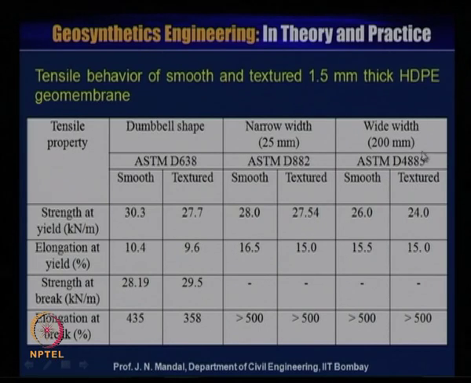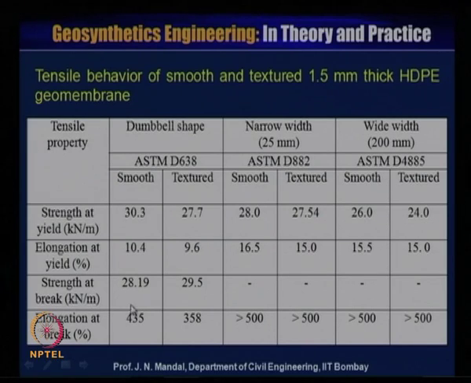For wide width 200 millimeter, ASTM D4885, smooth 26 and textured 24. And elongation at yield in this case is 10.4 percent, this is 9.6 percent, this is 16.5 percent, this is 15 percent, and in the wide width case this is 15.5 percent, this is 15.0 percent.